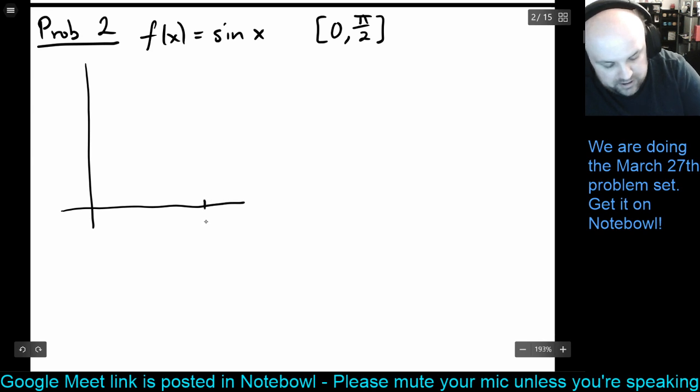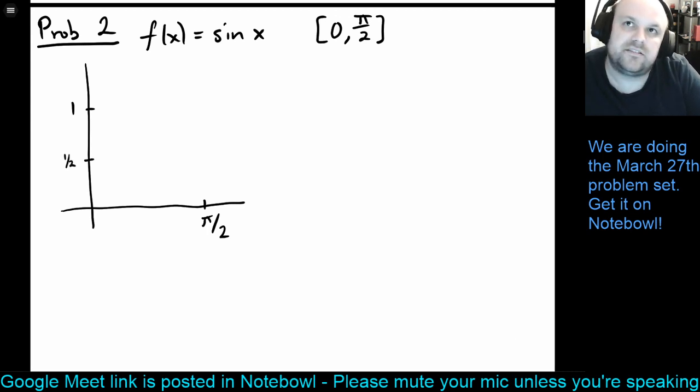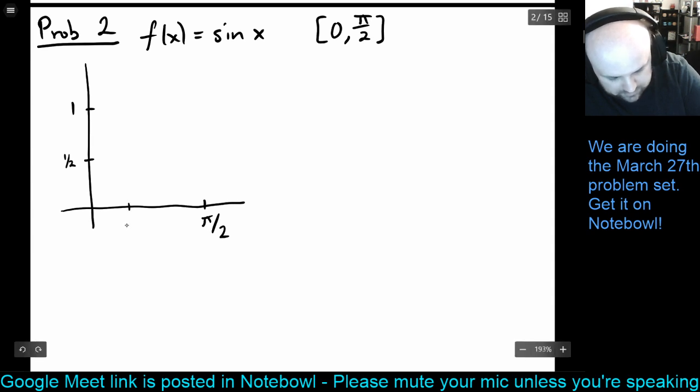So if this is pi over 2, and then 1 is up here, see, this is a half. So sine is a half at pi over 6. Probably somewhere around here.